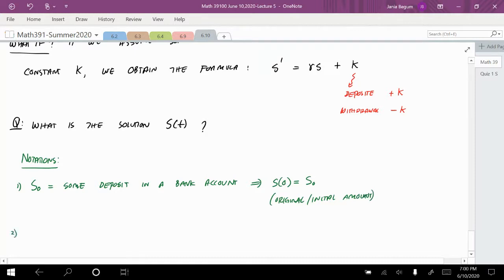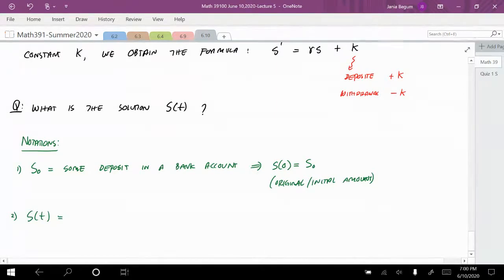The second notation you should be familiar with is this function S of t. S of t would represent the value of the investment at any given time, okay? So S of t is going to be the value of the investment at any time t. You can think of t as time.